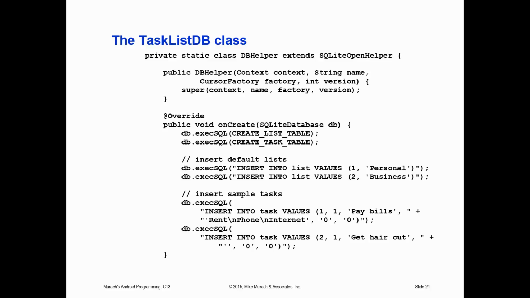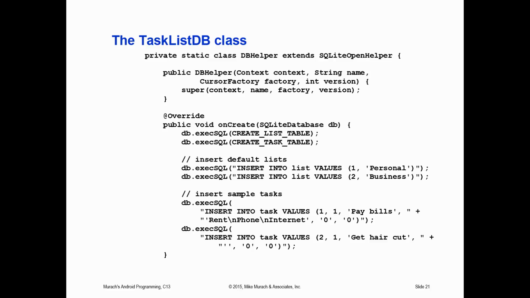Now, it's considered a common practice during development for the onUpgrade method to drop the database and recreate it. The problem with doing this is it removes all the data, and you don't typically want that in a production type of app. So you only want to do that during testing.